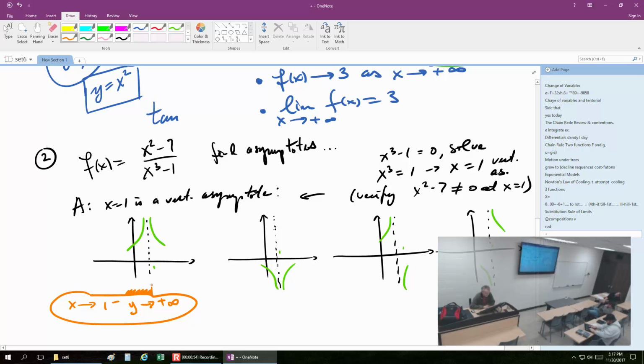The 1 with a negative sign in the superscript gives you x approaching 1 from the left. And for the other one, as x approaches 1 plus, y approaches also plus infinity. That's another way to describe this behavior.